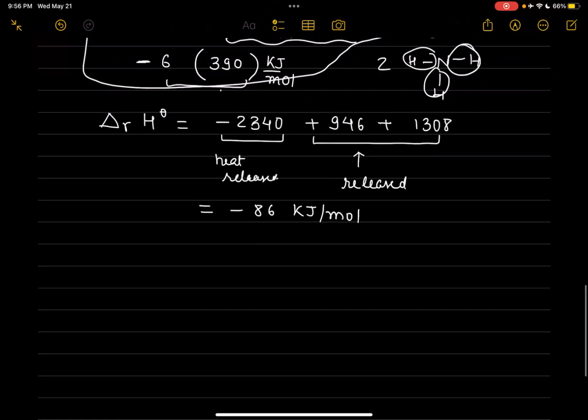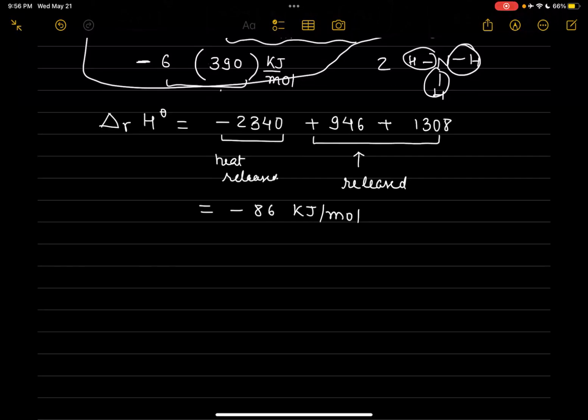You can take any other molecule, any other reaction in gas phase. Take all the bond enthalpies to be positive, add all the bond enthalpies of the reactant minus the sum of the bond enthalpies of the product. All bond enthalpies are taken as positive.